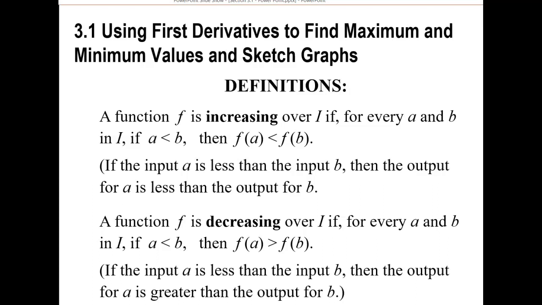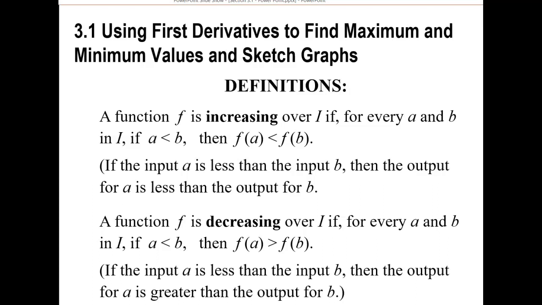In other words, if the x value is smaller, then the y value is smaller. So if the input A is less than the input B, then the output for A is less than the output for B. If that is true all the way through the interval, that means your graph would be moving upward as you read it from left to right, or increasing.